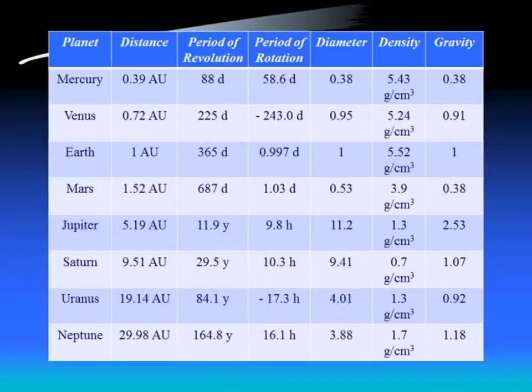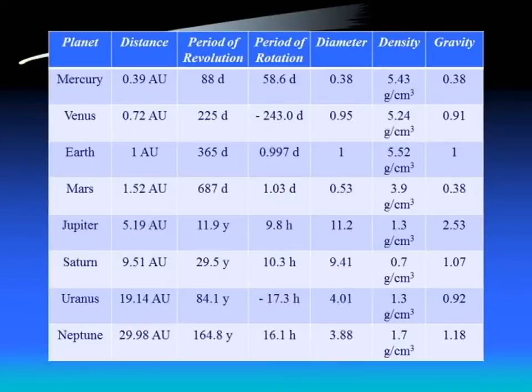And in fact, if you look at the diameters of those relative to the Earth, you can see that if we took Jupiter and laid out Earths across its surface, it would take about 11.2 Earths going across. Saturn's just a little bit smaller, about 9.4 Earths. And then you jump down to Uranus and Neptune. Remember, they were the size of those lemons. Well, they're about 4 times as large as the Earth.